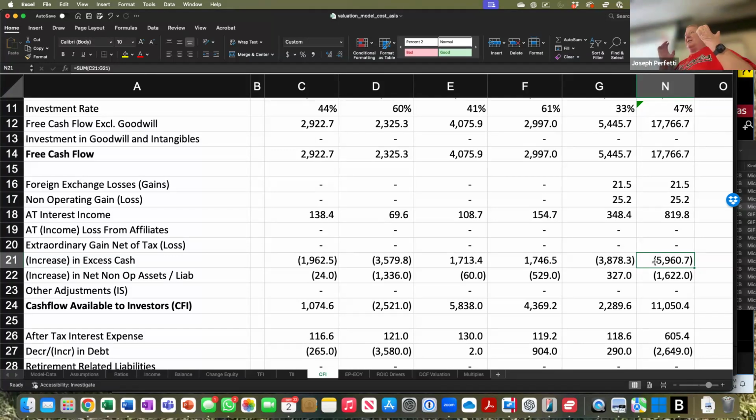If I spent more than I made and I need to rob my 401k, and I take money from Fidelity and put it in my checking with a tax penalty, that's not good, but I have to. Then I basically reduce the excess cash. I reduce my savings and I increase my CFI because I have more money to pay out.